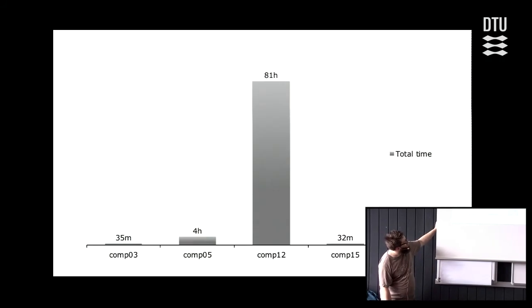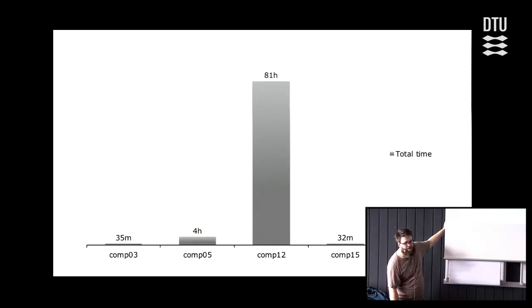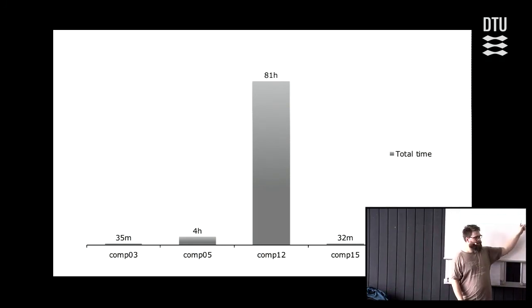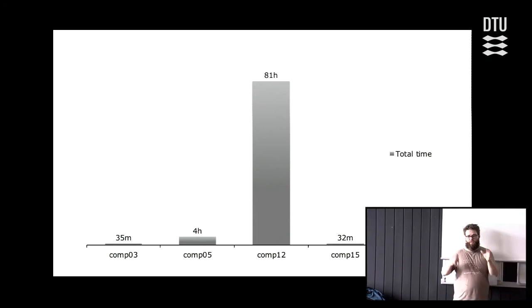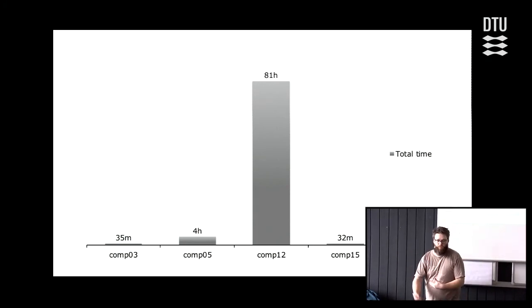I did it, and here is the running time of doing the column generation on these 4 instances, and especially one we see takes a very long time. This is just the column generation to generate all the columns, to be sure that we have all the columns to solve the LP relaxation of the restricted master problem.